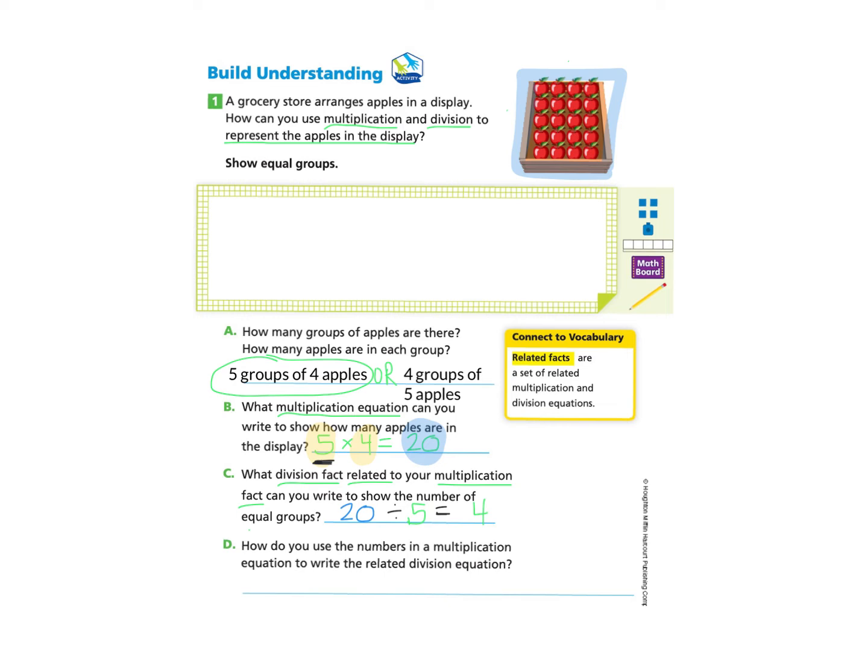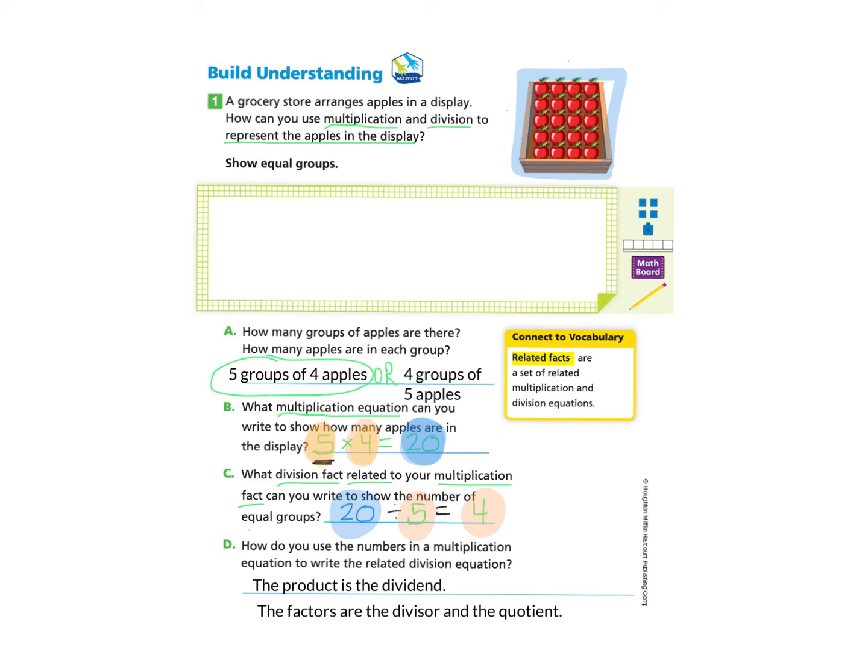In part D, they ask, how did you use the numbers in a multiplication equation to write the related division equation? And we can notice that we first took the product of this multiplication equation and we used it as the dividend in our division equation. So we can explain the product is the dividend. And then we took the factors in the multiplication equation and we made one factor the divisor and one factor the quotient.